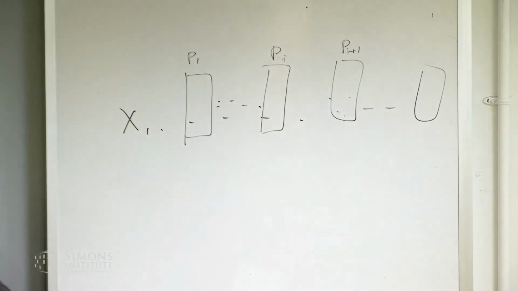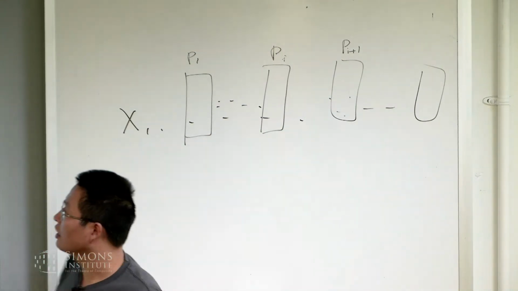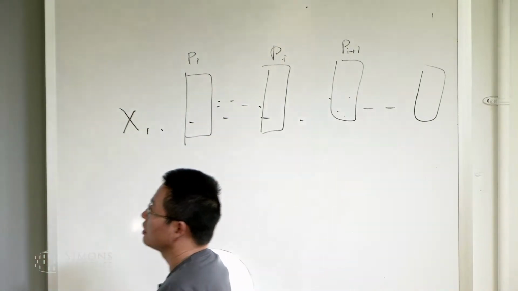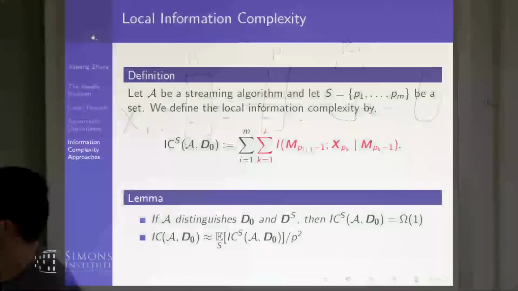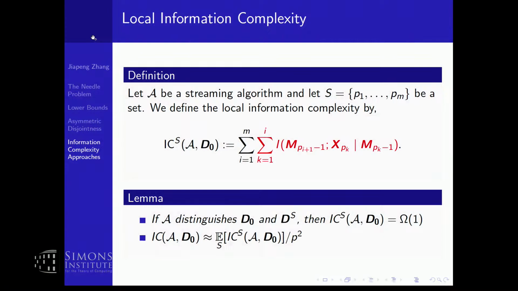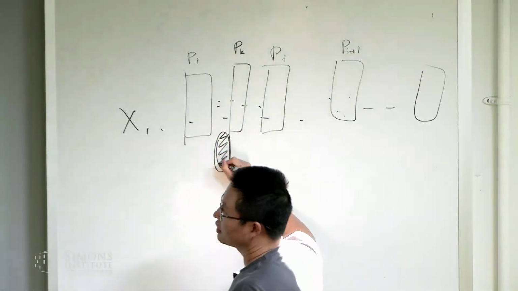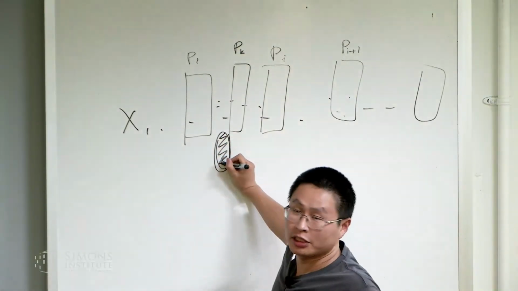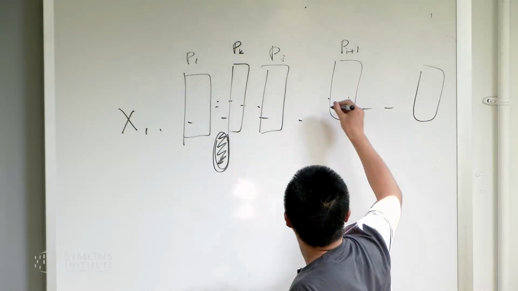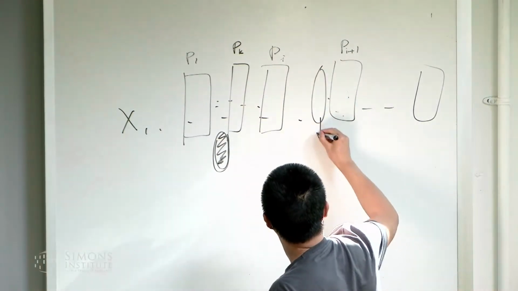For each i, we fix i, and this is P_k, for example. We fix the memory state here, condition on the memory state here, and calculate the mutual information of P_k with this memory state.